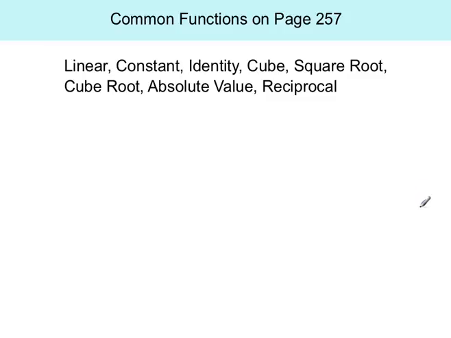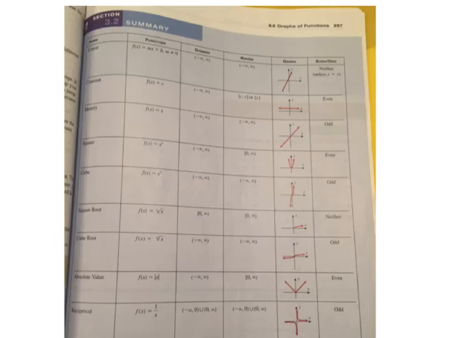And there are some other common functions that you should be aware of, and they are on page 257. I've actually copied a picture of this into my notes. And here they are, but you're going to want to pull your book out because this is really tiny looking. We have a linear function, and that's just the equation of a line. It is neither odd nor even.